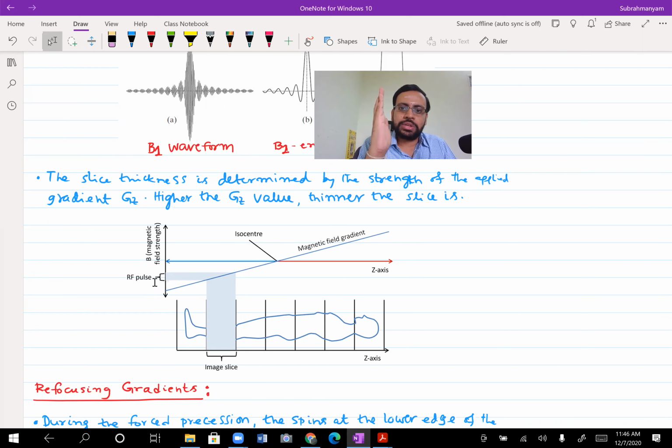Depending on the frequency of the RF pulse, you will know the omega value, and depending on the shape of your RF pulse, you will know the bandwidth of it.